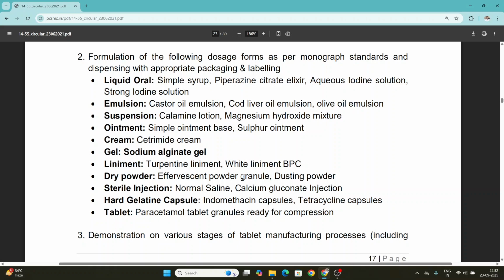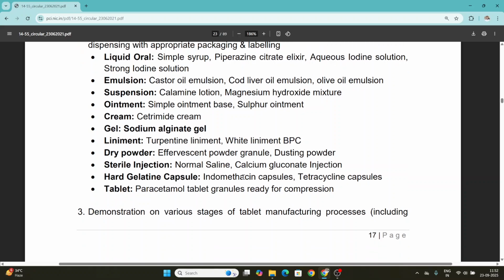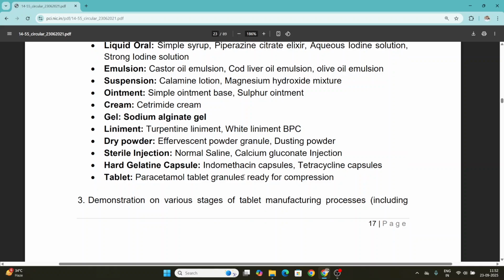Cream, cetrimide cream. Gel, sodium alginate gel. Liniment, turpentine liniment, white liniment, BPC. Dry powder, effervescent powder granule, dusting powder, sterile injection, normal saline, calcium gluconate injection.